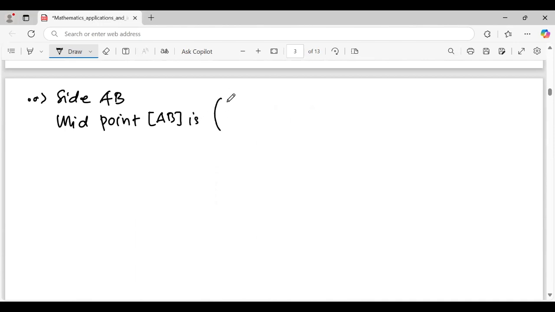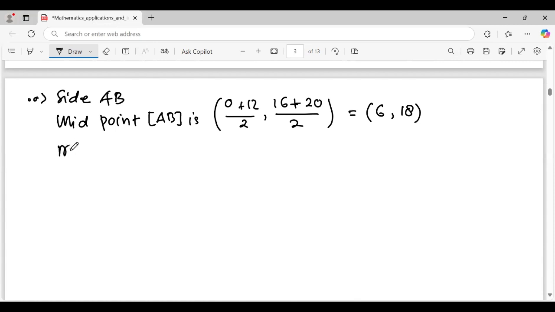According to the coordinate points, 0 plus 12 over 2, 16 plus 20 divided by 2, and it equals 6, 18.